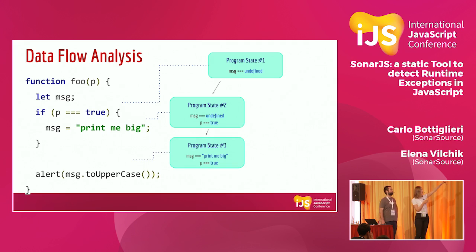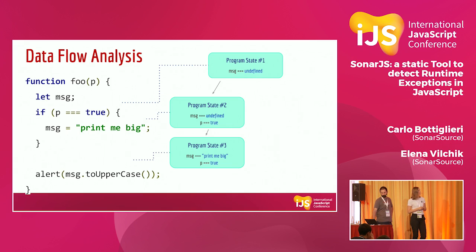When we exit, I'm continuing the same execution flow. Just before the statement, we have the message with the string print me big, and p still equal true. When we execute the last statement, it's all nice. We are printing print me big.